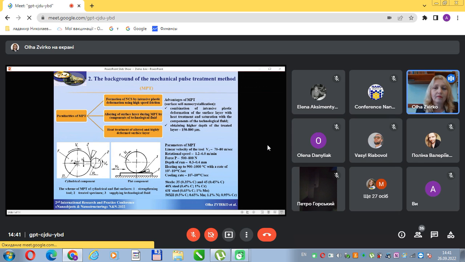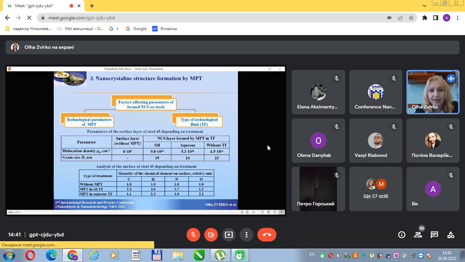So the main factors significantly affecting the formation of the nanostructures are several, and due to a limited time of my presentation, I will try to focus on the role of technological fluid only. So here we can see how a type of technological fluid influences the parameters of the nanostructured surface layer formed by the mechanical pulse treatment method.